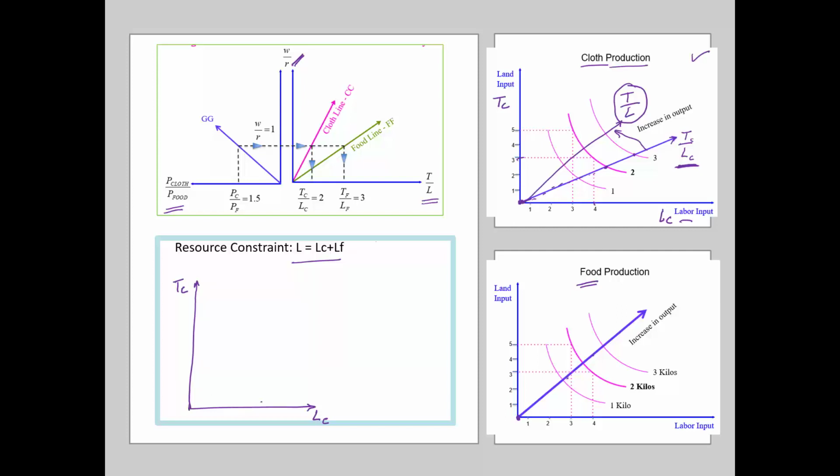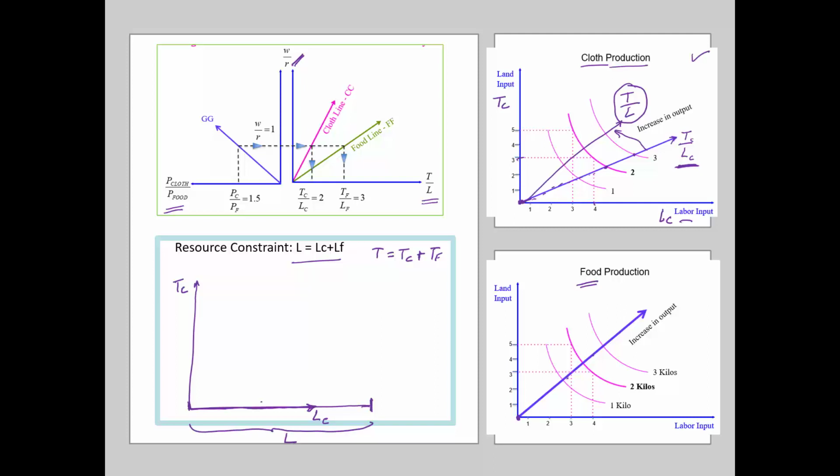One way of incorporating this constraint in this model is, instead of just measuring labor that is used in the cloth sector on this axis, we extend this and measure the total labor supply in this economy.